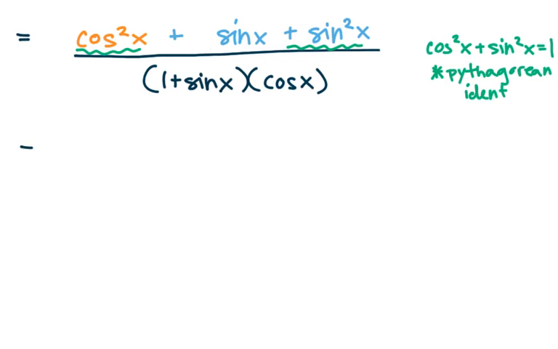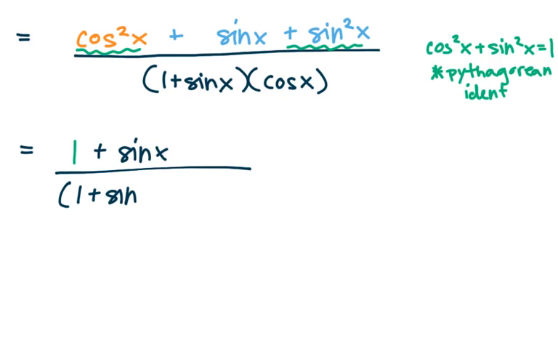So this sine x is still in the numerator, and I've got this is equal to 1, so I have 1 plus sine of x over 1 plus sine of x times cosine x.